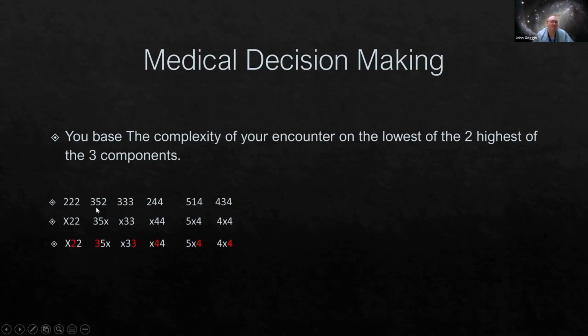So this is a better example here. You have a 3 for the number of complaints or problems, 5 for complexity of data, and a 2 for risk. You can drop the lowest, you pick the lowest of the 2, and it puts you here, and it follows through this.